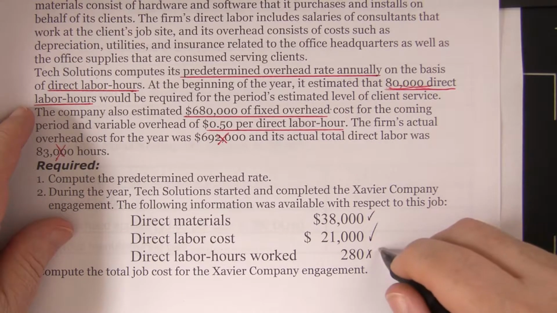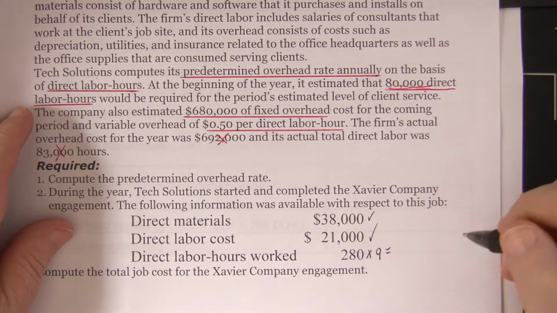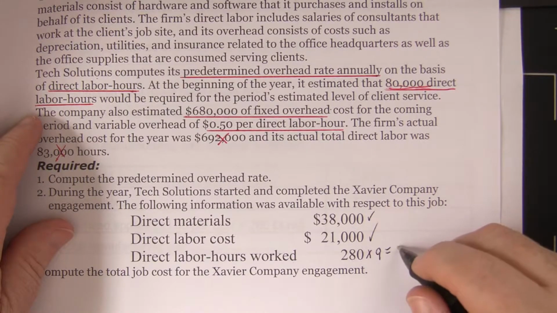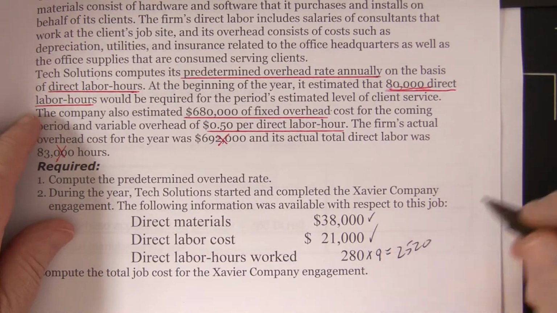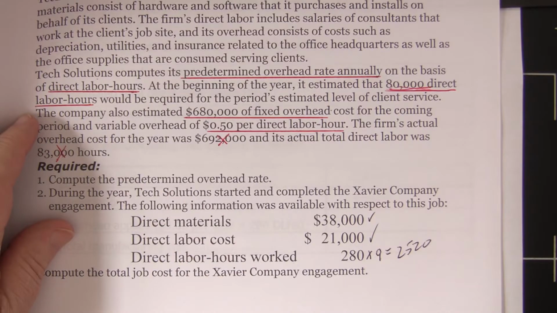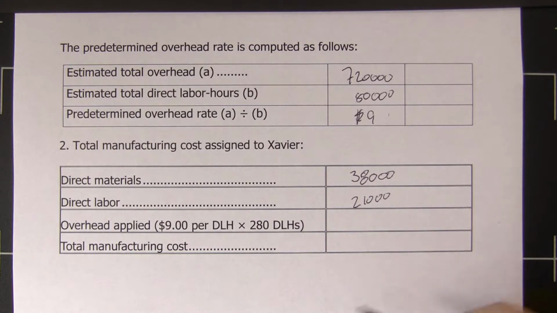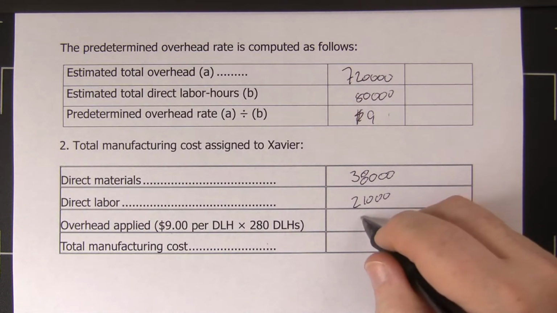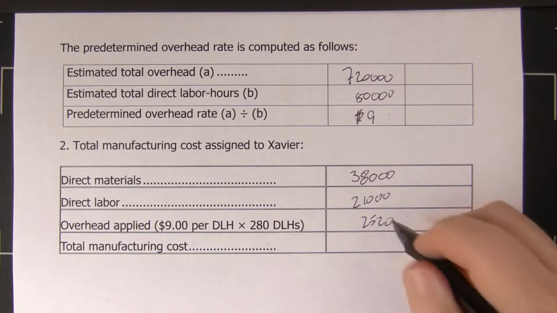And every one of those hours has to be multiplied by 9 to come up with the amount of overhead applied, which is 2,520. $9 times 280, 2,520.